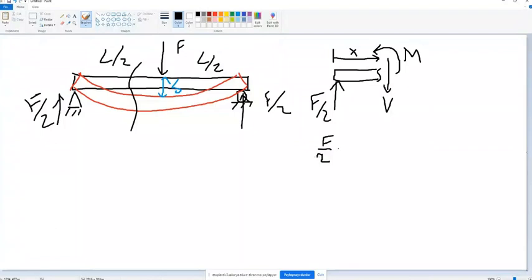F over 2 plus, this is plus, minus vertical force should be equal to 0. This is our shear force equation.